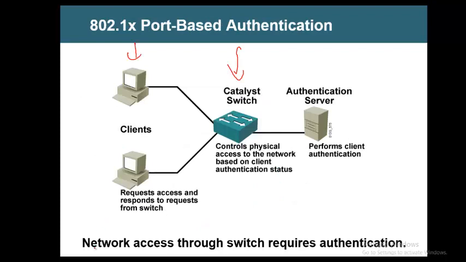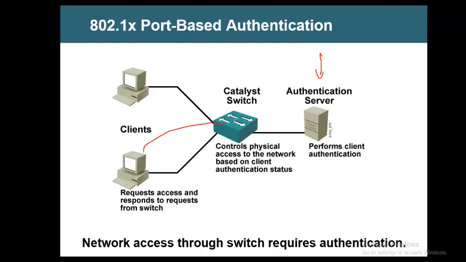Similarly, if .1x is needed, what needs to be configured on the switch? And you may use an external authentication server like a AAA server. So whenever a client tries to get into a network or to the switch, it is going to send the challenge saying provide me the username and password.